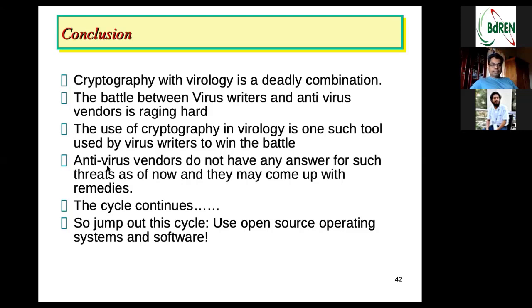Just installing antivirus software is not enough. You have to keep it up to date, use a personal firewall, and keep backups. Whichever operating system you use, you have to keep backups. That is the most important thing: a backup of your data, because we never know whether ransomware will encrypt our hard disk.